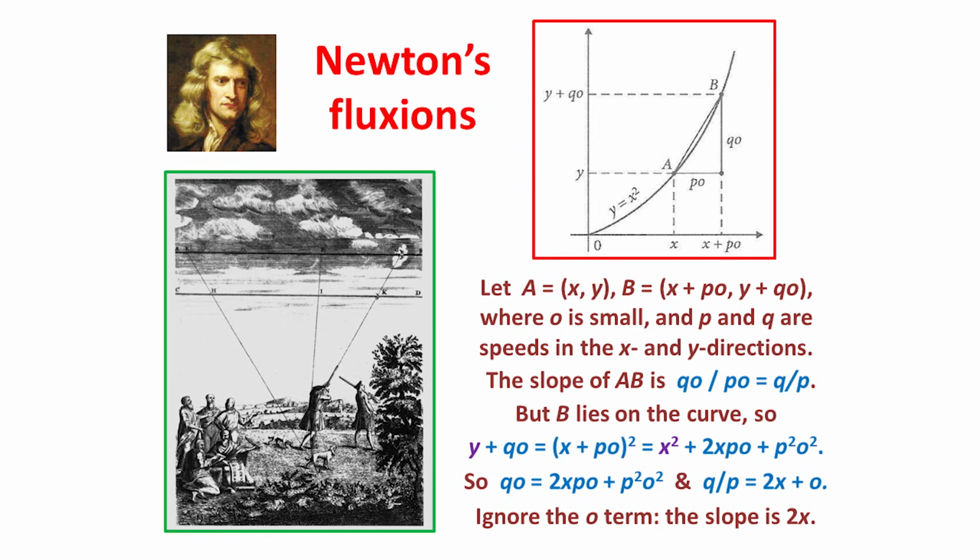Dividing by O and by P then gives us Q over P equals 2x plus PO as the average speed over AB. Finally, ignoring the small O term gives us the instantaneous speed 2x as before.